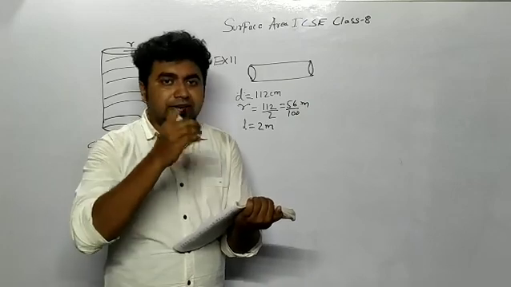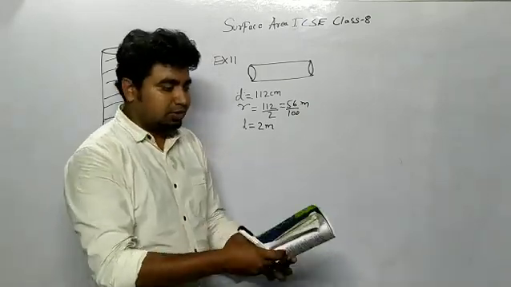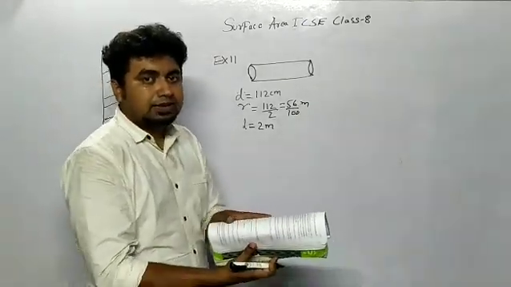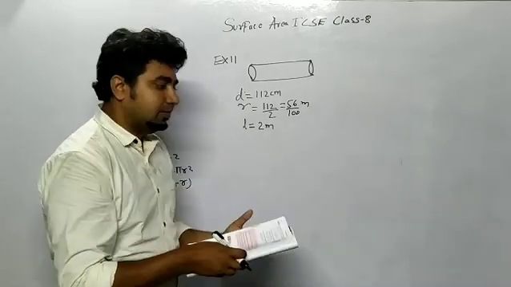Now if it rotates one time, the distance it travels is equal to the curved surface area.